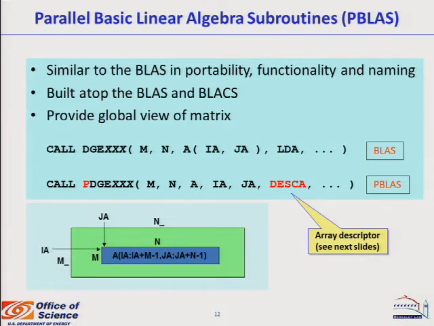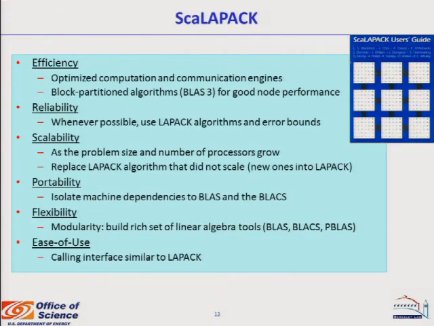But in Fortran, although Fortran 95 is a little bit better, we don't have the notion of objects, where you can define a construct, or a derived data type, and pass all the information in a single entity. So the way to pass more information that is needed for calculations in parallel in a Fortran program is through an integer array. That's basically the limitation here, and we'll see what the descriptor looks like in the coming slides.